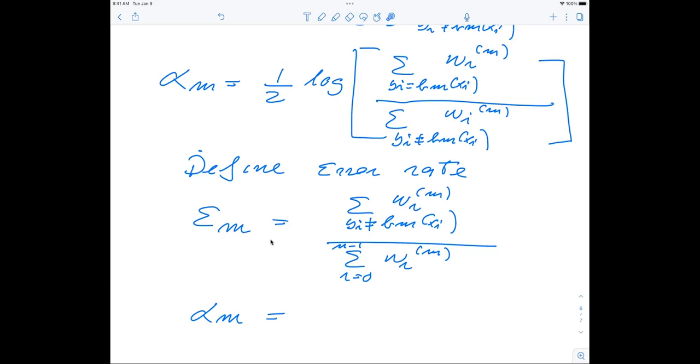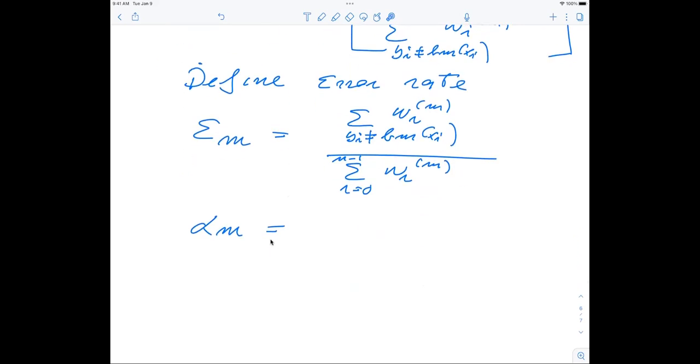And then if I divide by the total number of the classification points, this obviously sums up to 1 if this weight is 1 over n. So what I have here is just a sum which sums up to the total weights. And this is then equal to a half of log 1 minus epsilon m divided by epsilon m.